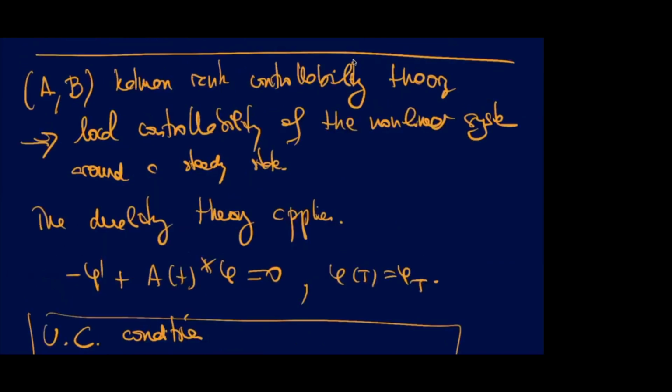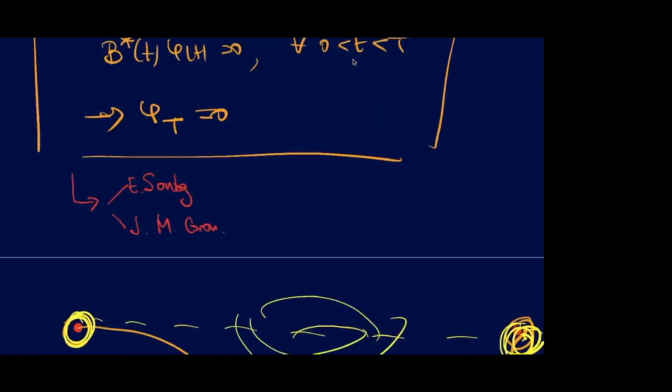Why? Because after all, I'm using just linear theory, the adjoint, the reduction to analytic theory, then power series expansion. I can do everything in a short interval and I will get the controllability on a short interval. Of course, when you go to the nonlinear, the shorter the time, the smaller will be the neighborhood you are controlling the trajectory.